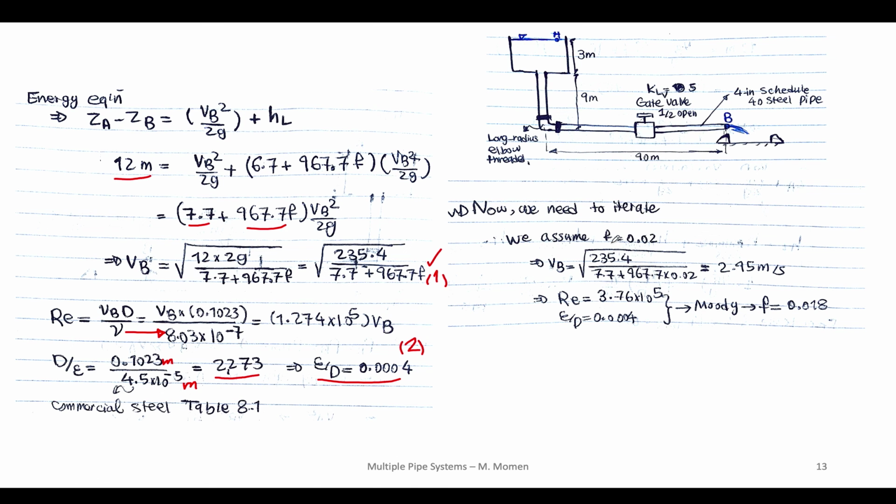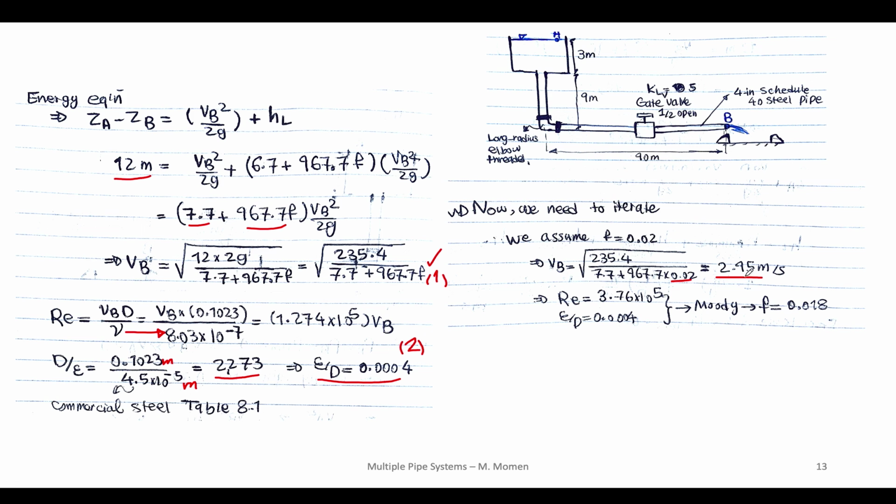So this is my first initial guess. I assume F is 0.02. I calculate VB from equation 1. It's going to be 235.4 over 7.7 plus 967.7 multiplied by 0.02, which equals 2.95 meter per second.